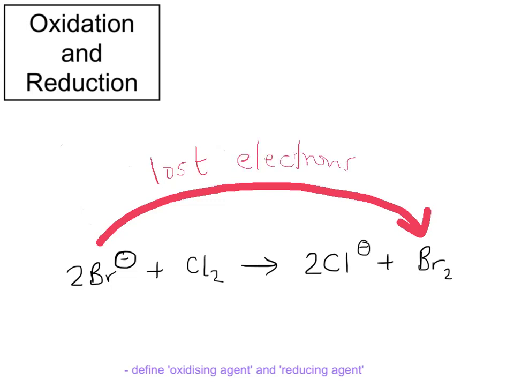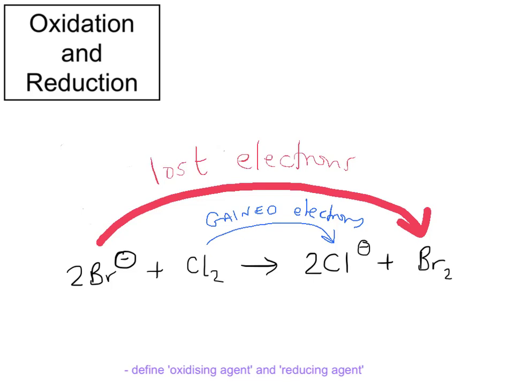The Cl2, however, has gained electrons because it's gone from something that's not charged at all to something that is negatively charged. This means that the bromide ions have been oxidized, OIL, have lost electrons, and the chlorine has gained electrons and therefore has been reduced, if you follow OIL RIG.